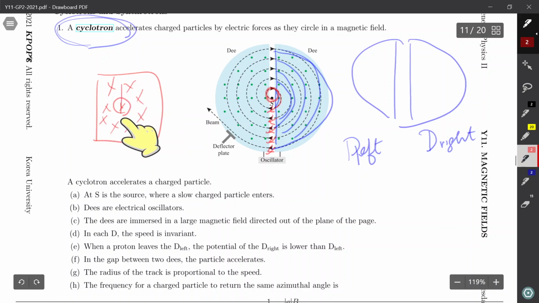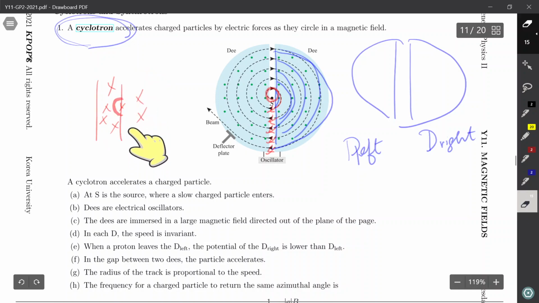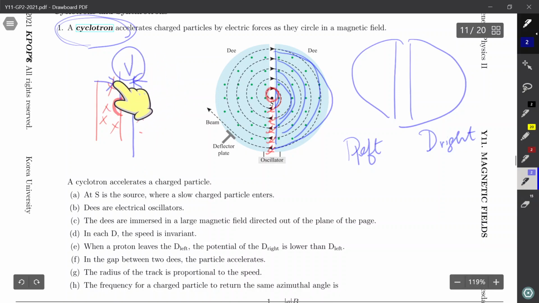However, at the end of half a cycle, there is another acceleration by applying an electrostatic potential difference.